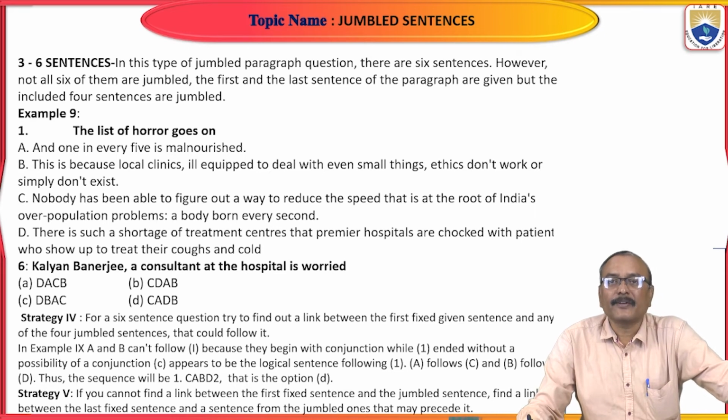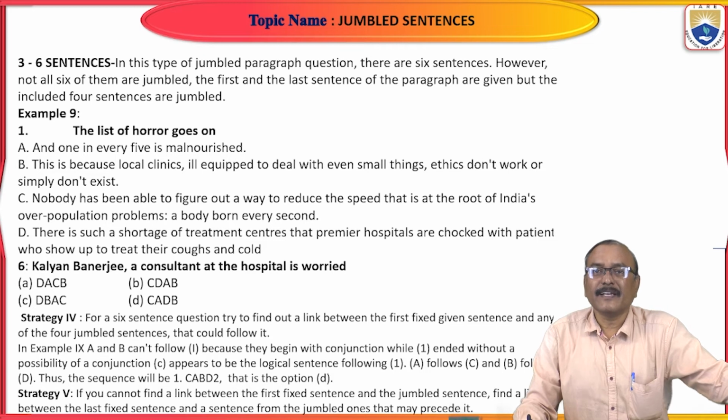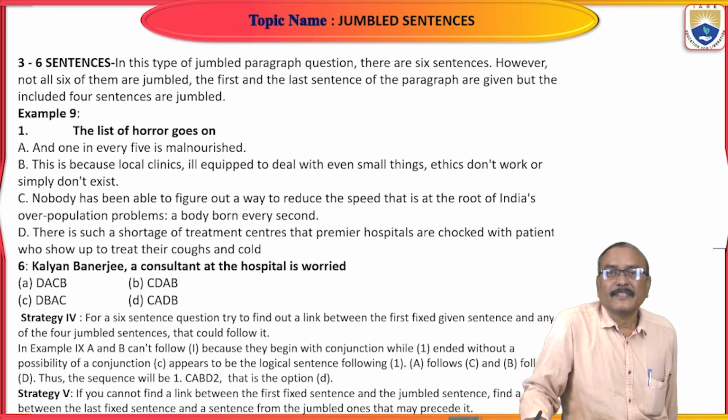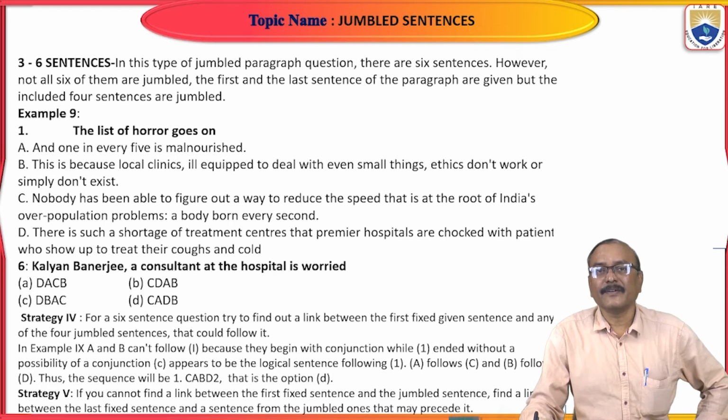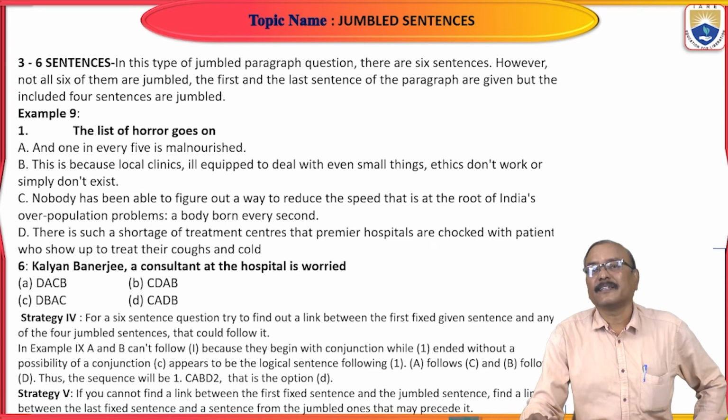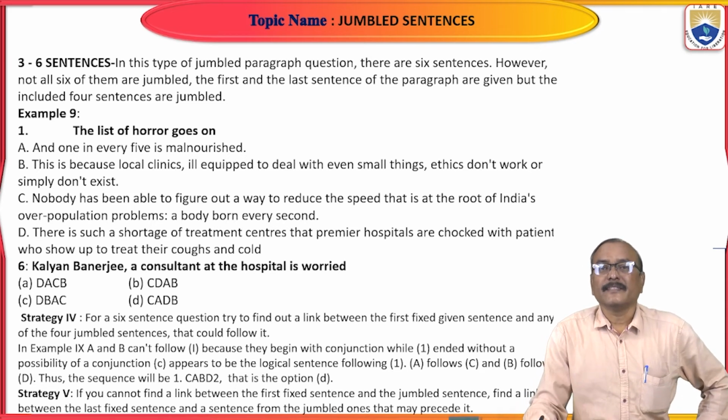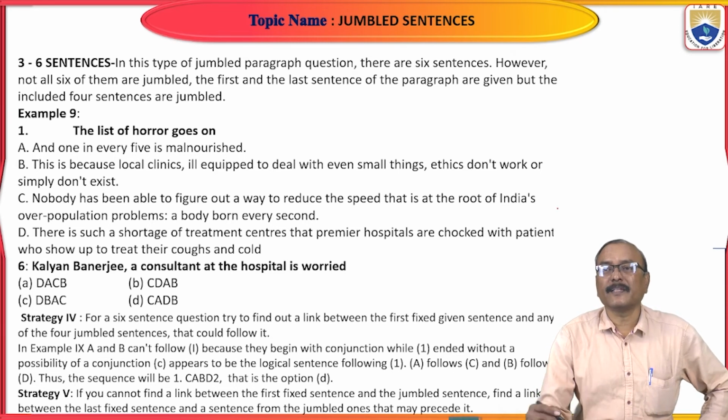The list of horror goes on. That is the first sentence. And 1 in every 5 is malnourished. Can we link here? Immediately, can 1 in every 5 become immediately after the list of horror goes on? After that, can we say and? No. And is coming means there should be something before this. This is because local clinics are ill-equipped to deal with even small things.